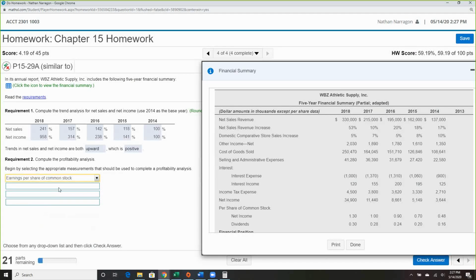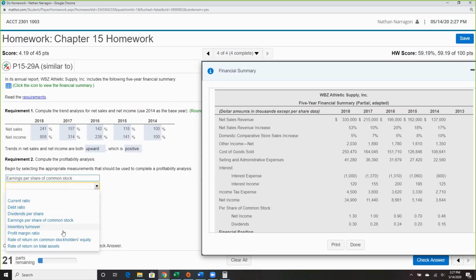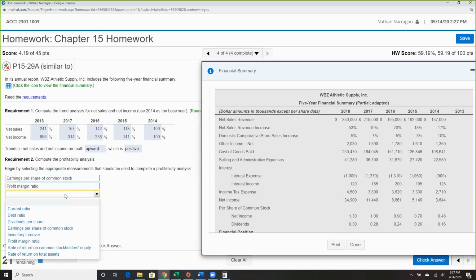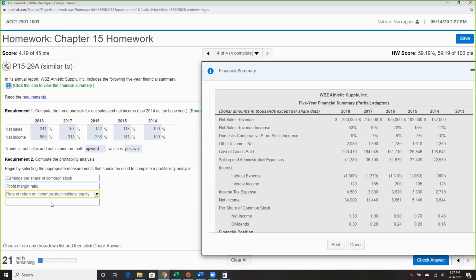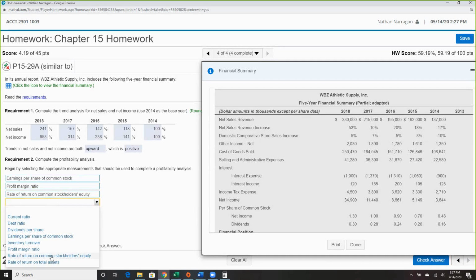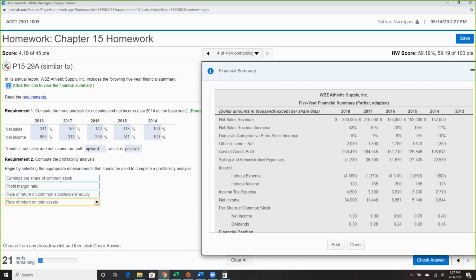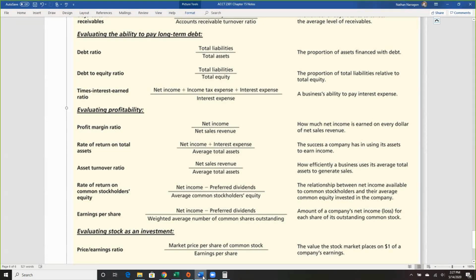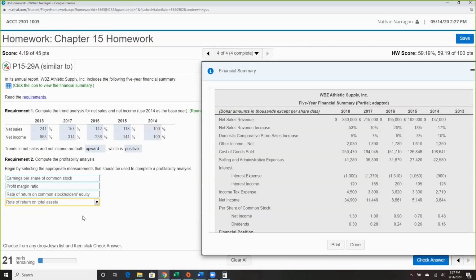Okay, there's earnings per share. There's the profit margin. There's our rate of return on common stockholders' equity and rate of return on total assets. Which one are we missing? Looks like the asset turnover ratio. Yep, it's not there.